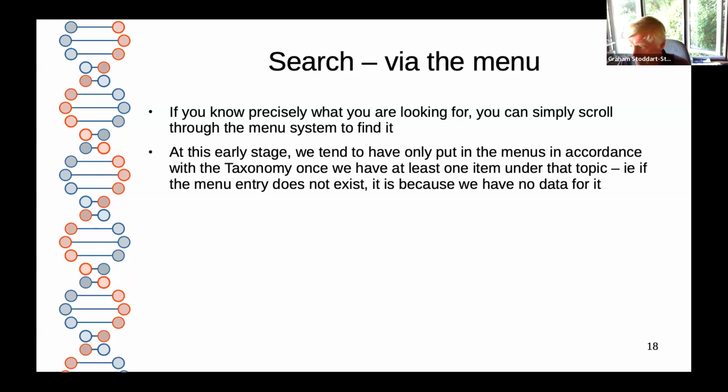At the moment, because we're just getting started, we haven't bothered putting in a page for a menu item if we don't have any data for it. So if the taxonomy leads you to believe that you'll be able to search down three levels to get the specific item you want, and the menu system doesn't match that, it's because we don't have any item that goes there. So hopefully this is time saving to you, and certainly is time saving to us.